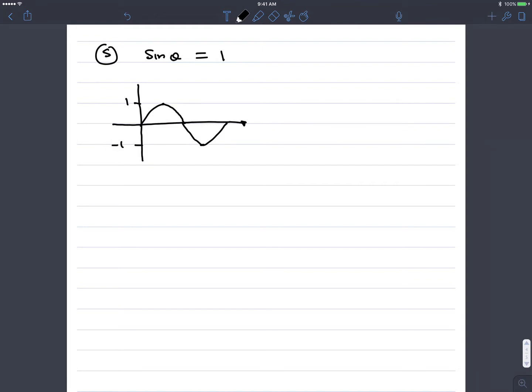Here's my x-axis, here's the y-axis, and I have these various values. Where on this curve is sine the value 1? Let's go back. This is my theta axis. In other words, for what angle theta do I get sine being positive 1?